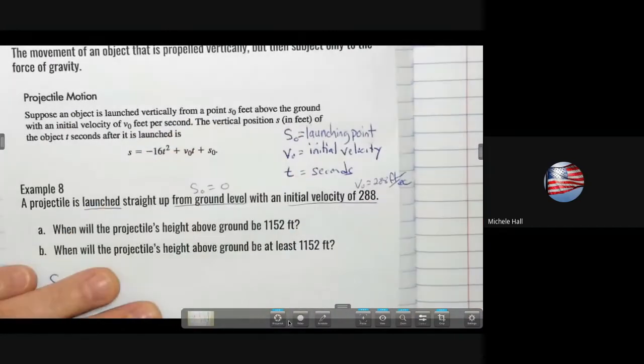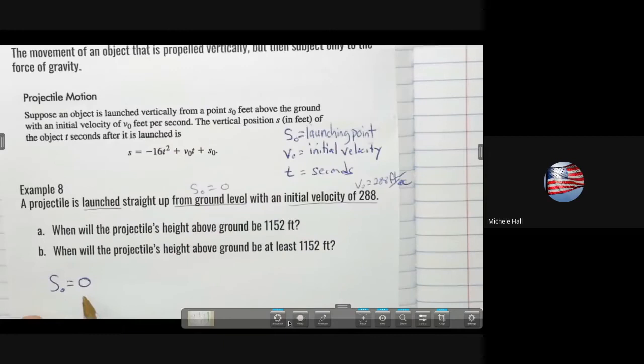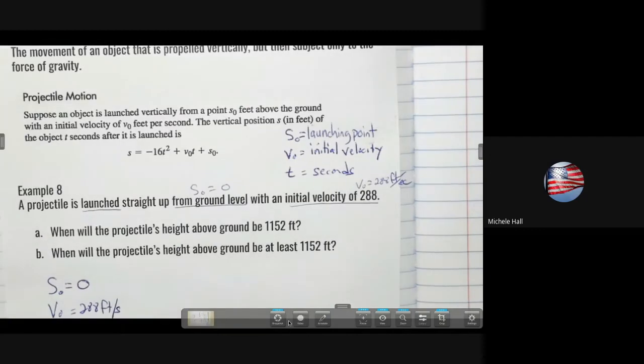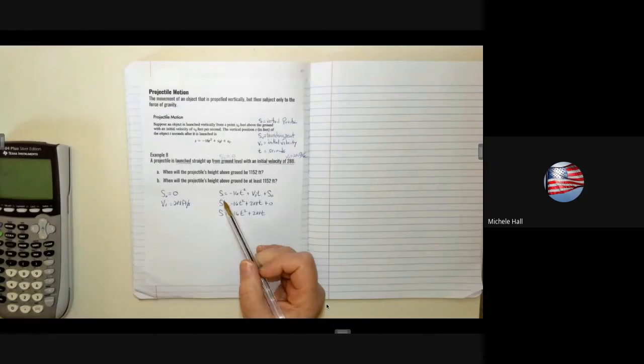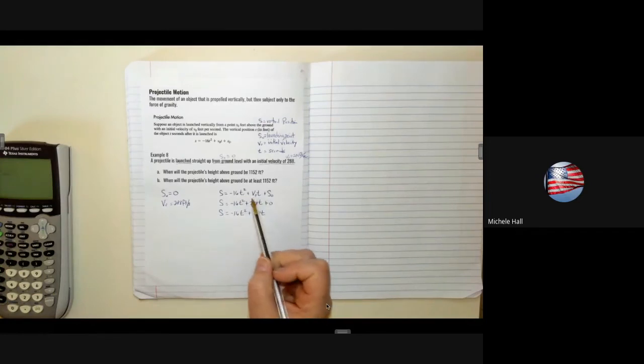That is the information that we have. The vertical position equals negative 16t squared plus the velocity times t plus the launching point.